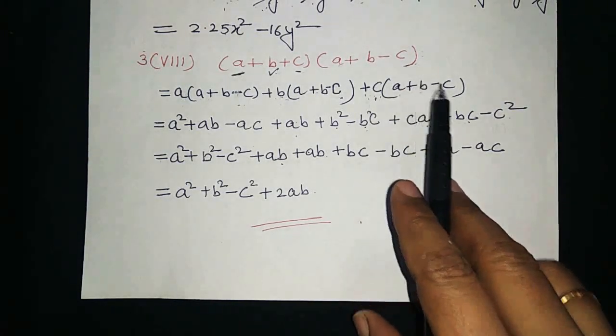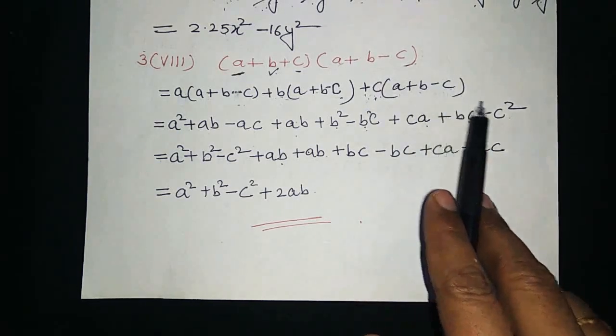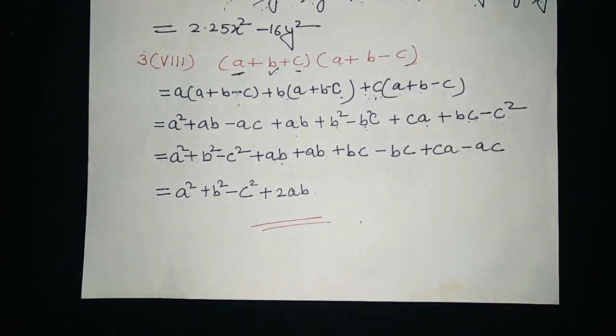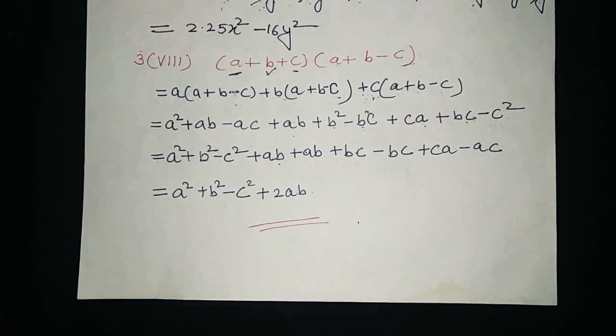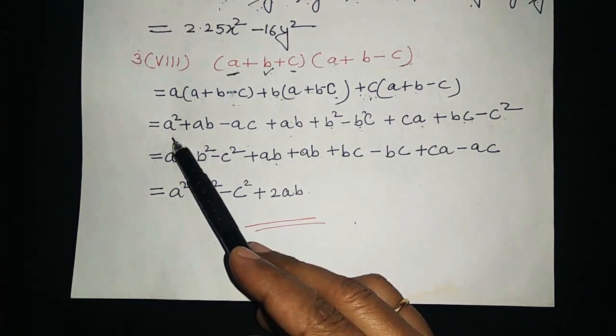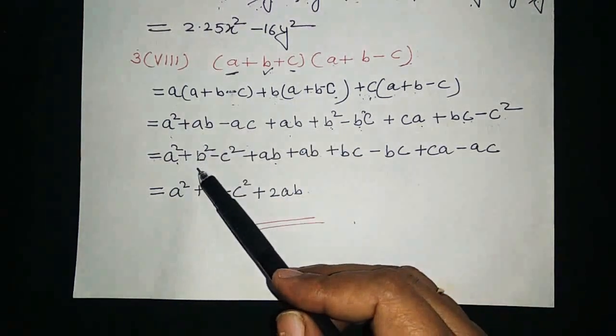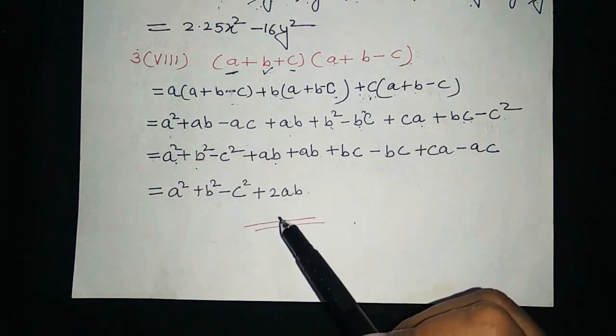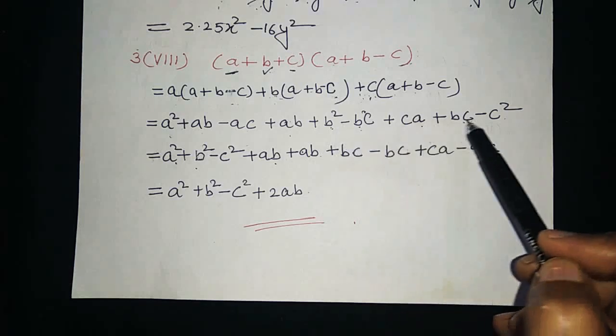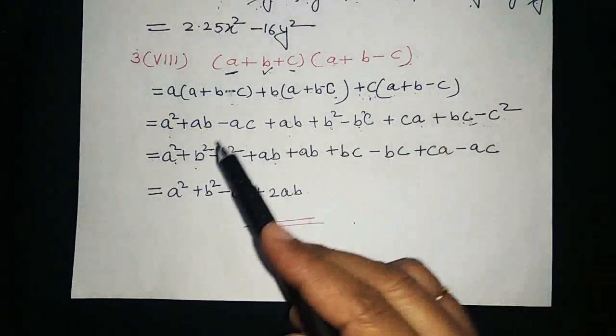Now plus minus, minus c into c, c square. Now first we will write a square. Now we will write b square because we are arranging it. Then we will write minus c square.